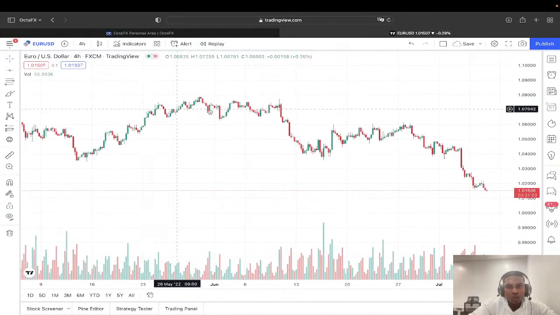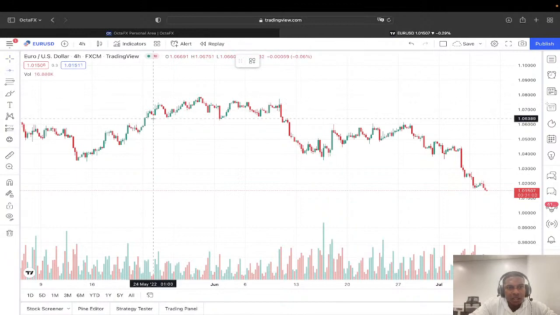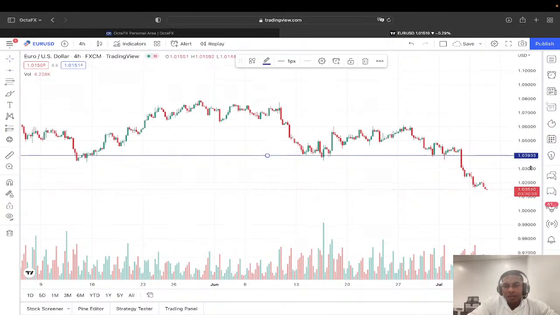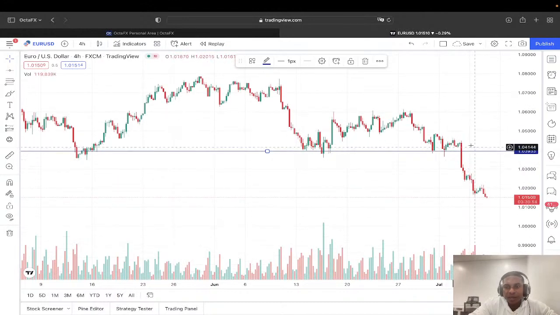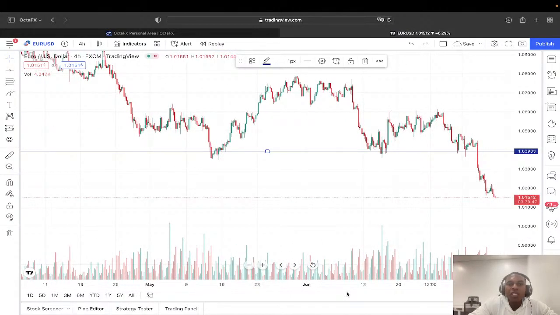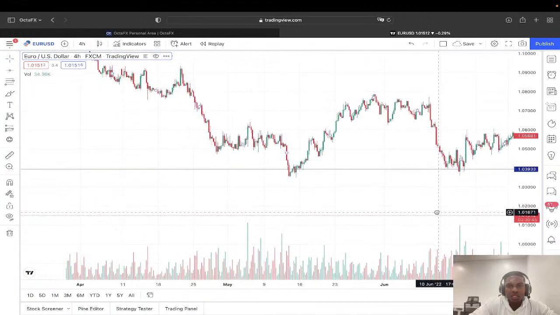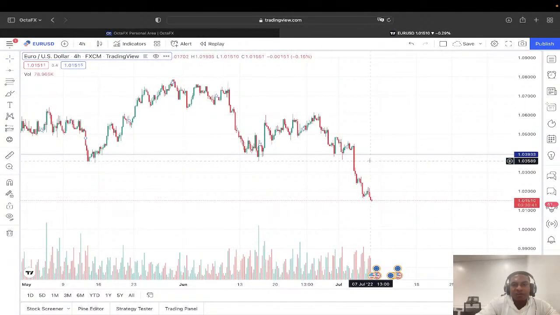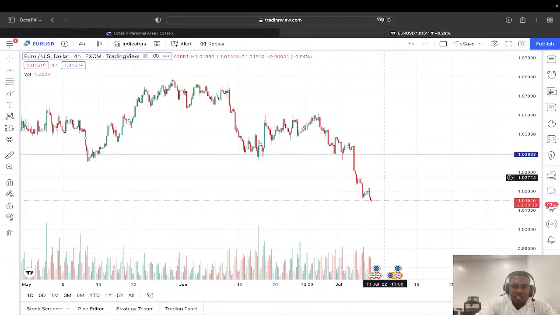Good. So we can see clearly what is happening here. You can see the breakout candle. Breakout candles are always fully bodied candles. So you can see this breakout candle is a fully bodied candle.